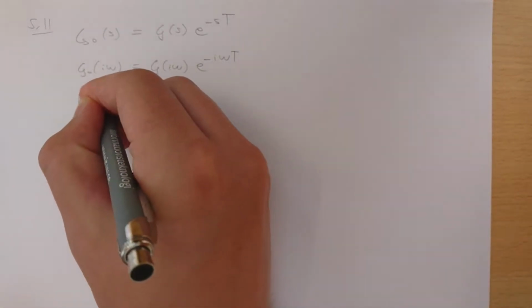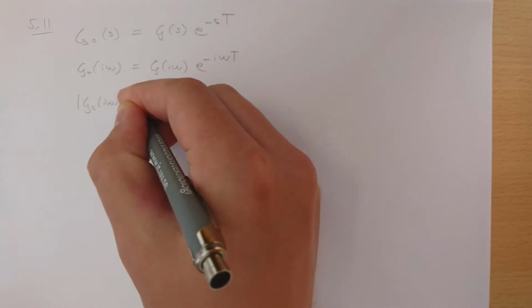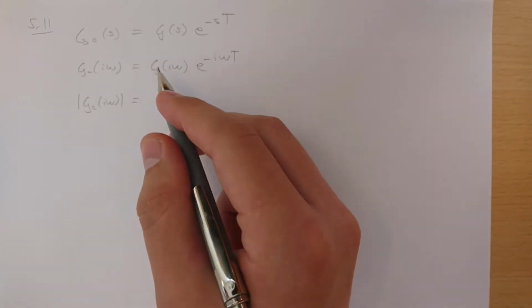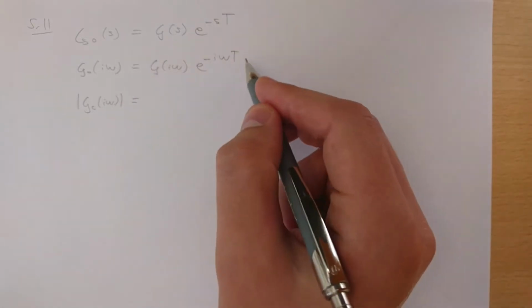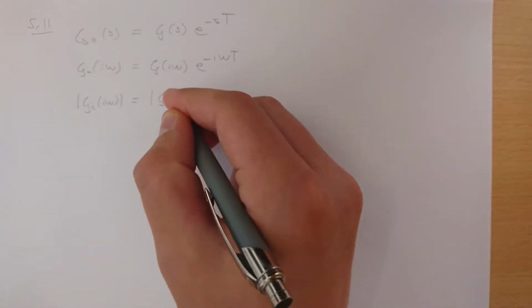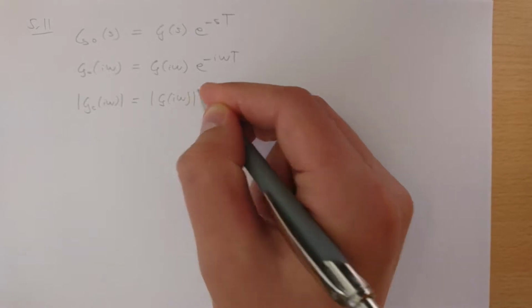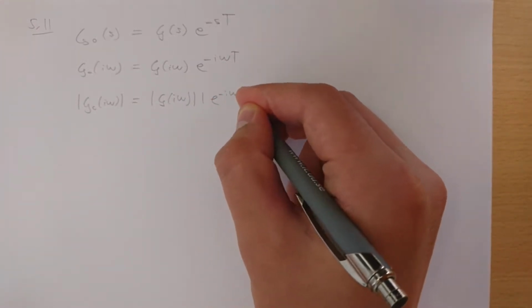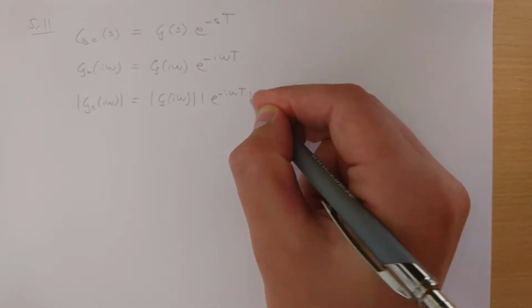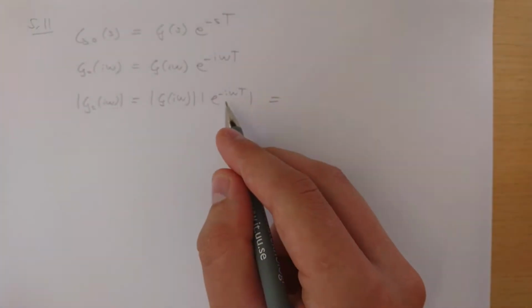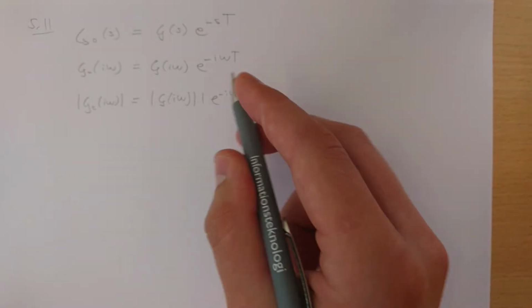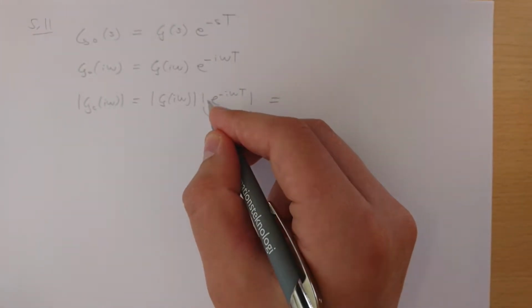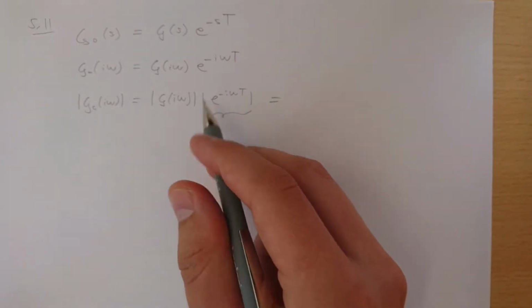So let's first look at the magnitude. And once again, as you had in many previous exercises, the magnitude of a product is just the product of the magnitude of each factor. So this is the magnitude of G times the magnitude of e to the minus iωT. This is a complex number written on polar form. So the magnitude is the factor that's in front of the exponential, and here it's just 1.